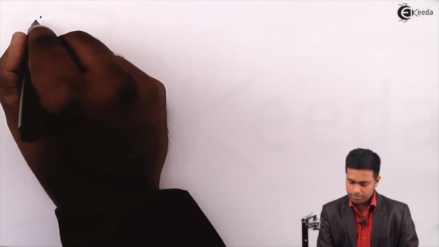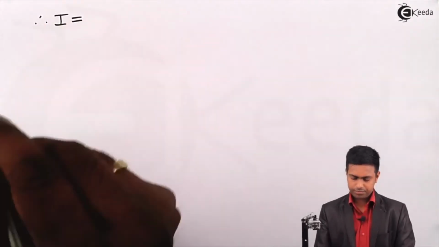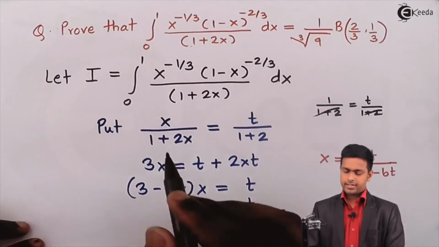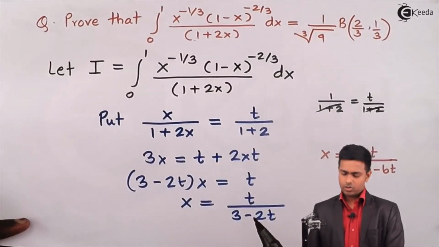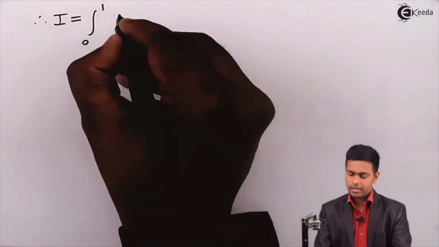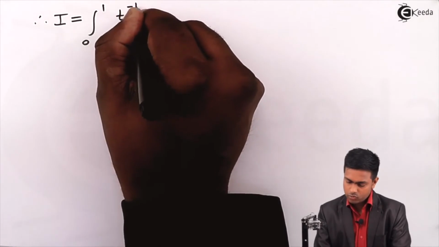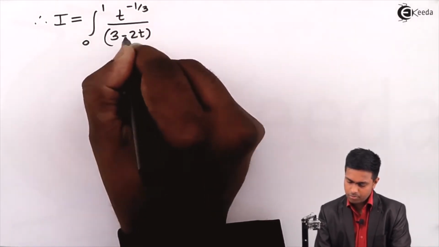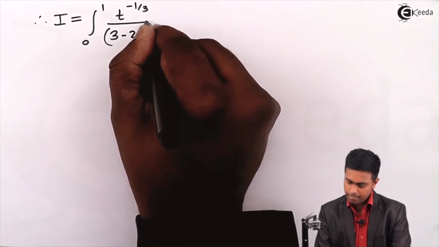So therefore I is equal to, integration is from 0 to 1, limits are same. Next, x raised to minus 1 by 3. So this is the value of x. So here I'll say it is t raised to minus 1 upon 3 and 3 minus 2t raised to minus 1 upon 3.